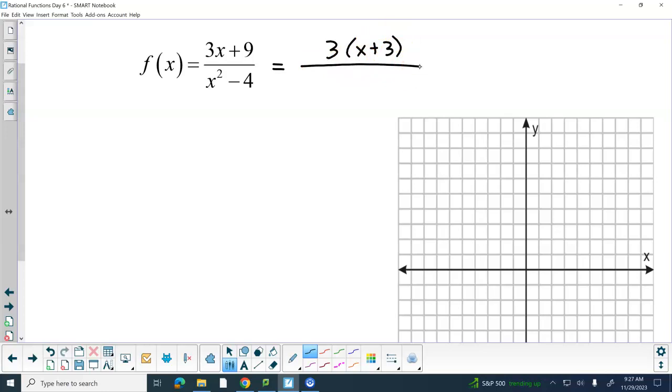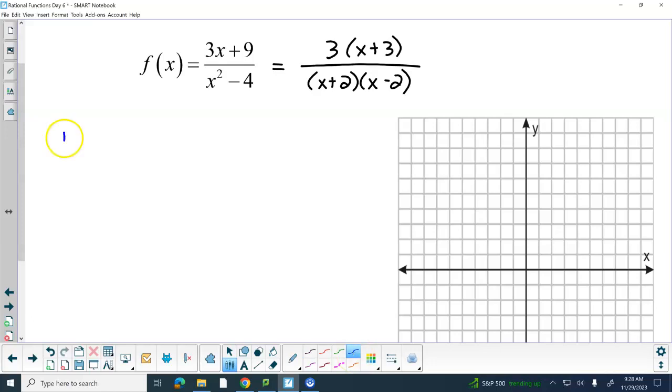Sure, x plus 2, x minus 2. Okay. Anything cancel out? No. So that means I don't have a new function, and that means I don't have a hole because nothing canceled out. Okay. So that stays the same.